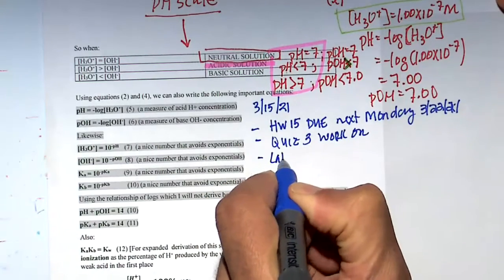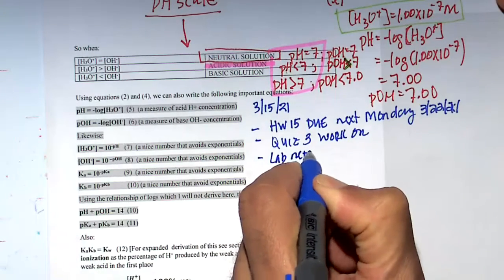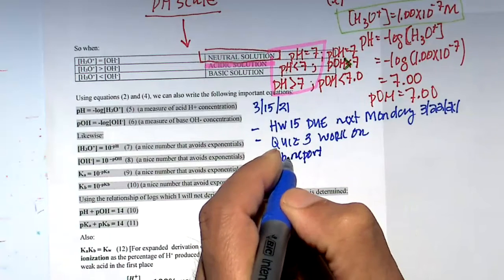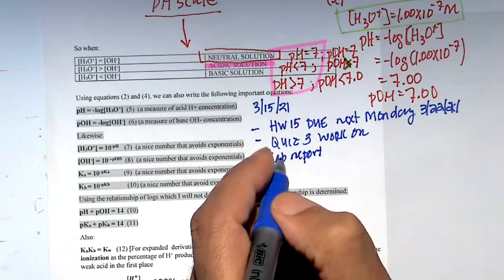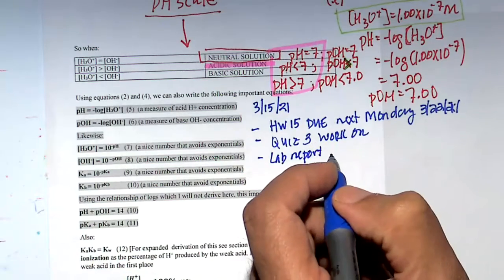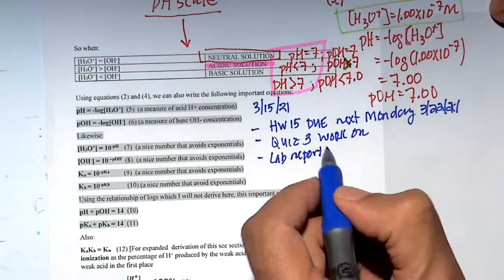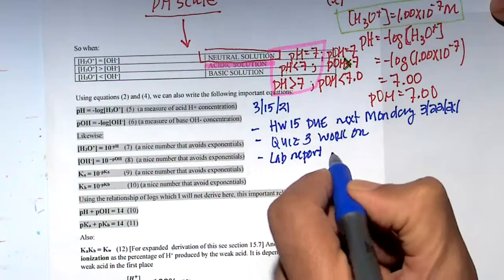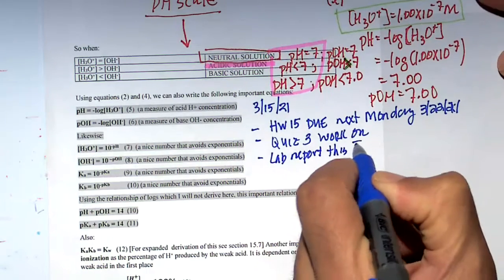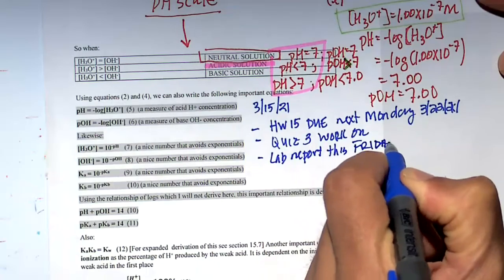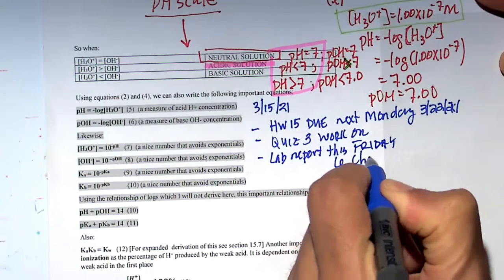And the lab report, if you've done it, I think only one person did the lab, so he was my partner. If you want to turn that in this Friday, you can turn it in. If not, come do it in person this Friday. So lab report this Friday. And it was on Le Chatelier's principle.